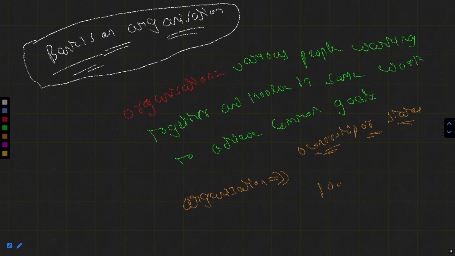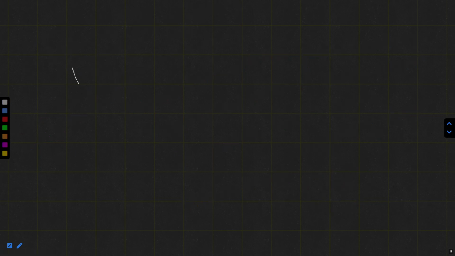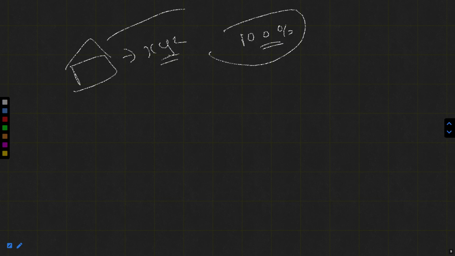This is basically about 100%, and the person who holds the maximum stake percentage will be the owner. For example, this is XYZ, having 100% stakes in total.